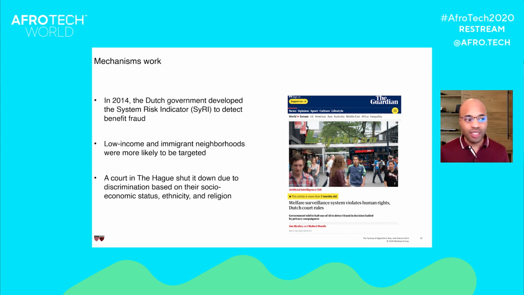But while the government developed it, it was only applied by a certain number of cities, and the cities that applied this algorithm only applied it to some of the applications for benefits that they received. And specifically, it was applied in low income and immigrant neighborhoods. So these populations of people were specifically targeted by the algorithm to identify possible benefit risk.